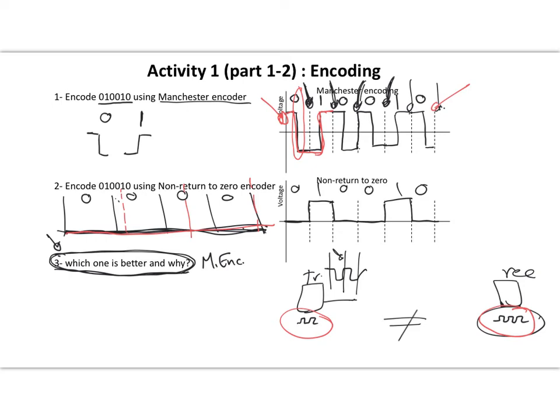So I can, in fact, readjust my clock to synchronize with the digital signal. If the digital signal is a straight line like this, that doesn't tell me anything. So one of the advantages of Manchester encoding is what we call self synchronization.